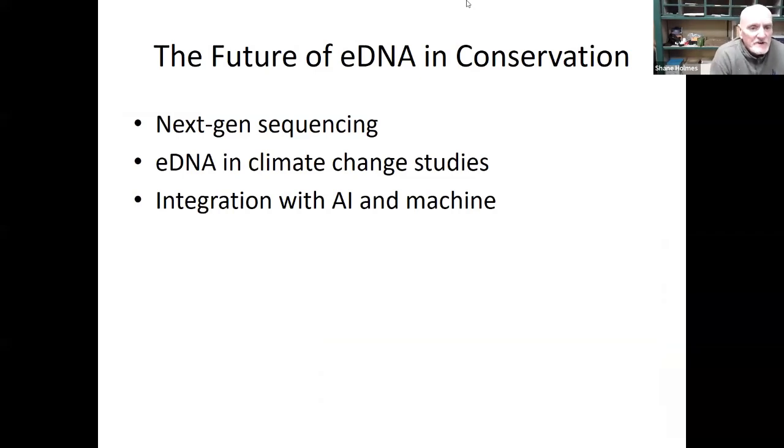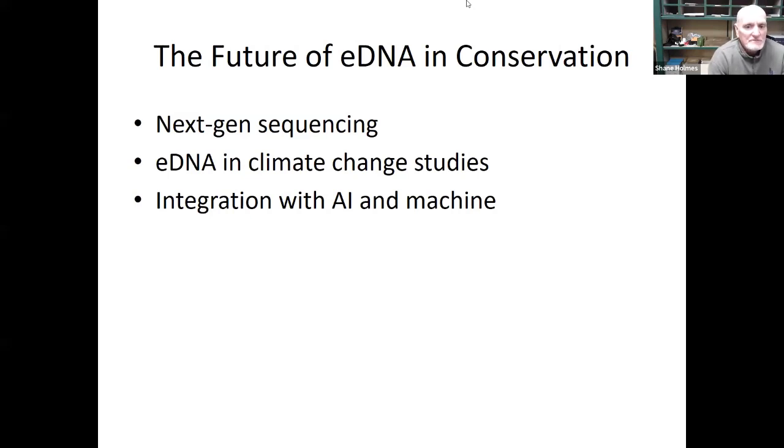So those were just three examples out of many examples out there. I'm going to talk about another one in a bit, but first, I want to talk about the future of environmental DNA and conservation being shaped by advances in next generation sequencing, as well as its integration with artificial intelligence and machine learning, which will enable faster and more accurate analysis of complex genetic data.